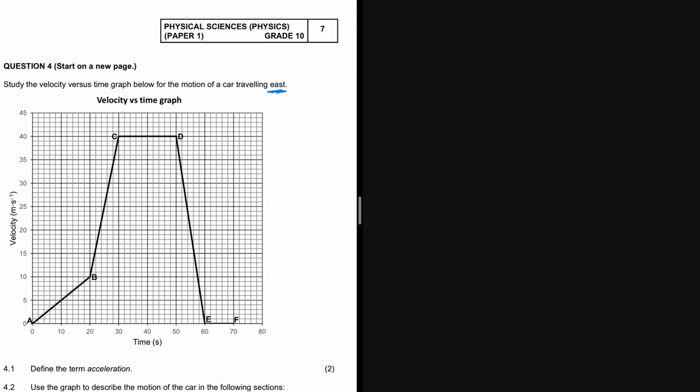To get the acceleration here, we see the y is velocity and the x is time. By definition, acceleration is change in velocity over change in time. So the gradient of a velocity time graph is actually the acceleration. So to get the acceleration, we can just use the velocity time graph.